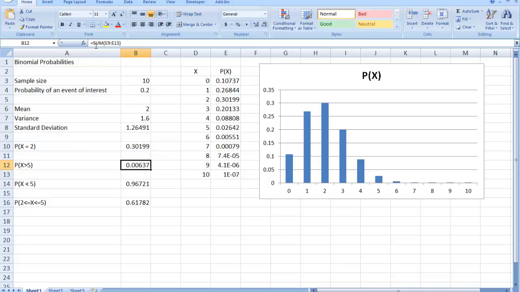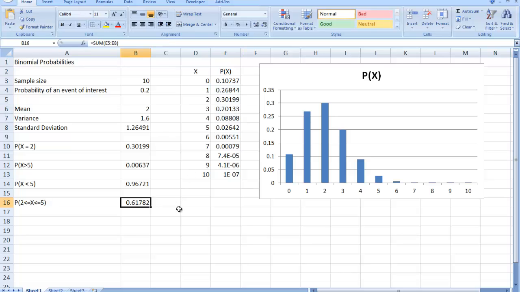So you'll see that's a sum of E9 through E13, which is the probability of 6, 7, 8, 9, 10 all summed up. Probability that x is less than 5 would be 0 through 4 being summed up, and that's what we see. It's the sum of E3 through E7. Since it's less than 5, you have to go 0 to 4. 5 is not included.